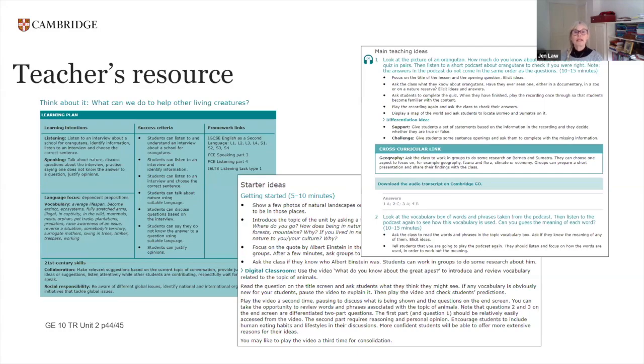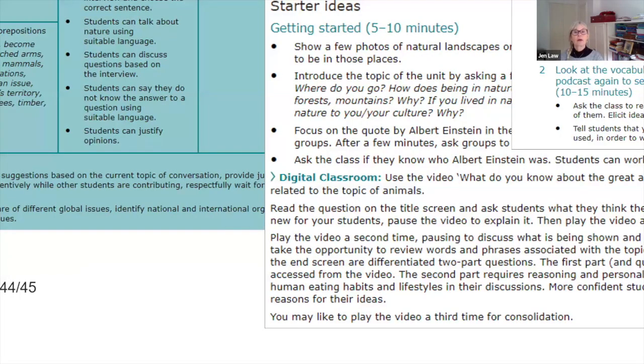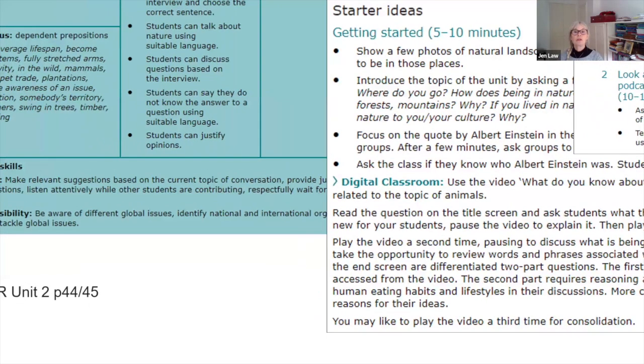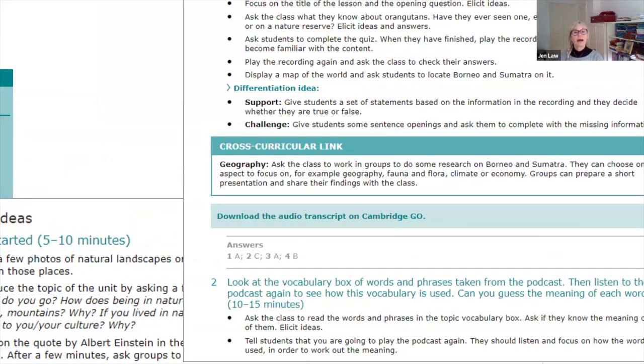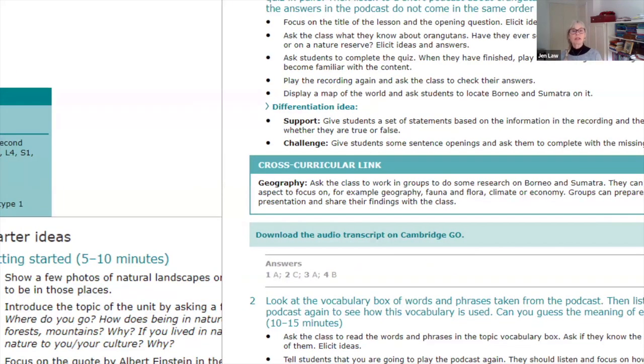And finally, if I can just zoom in here on my screen. Let me see. Oh, okay, there's our digital. Let's move along. Okay, and also lots of interesting things like downloads of the audio transcript. And I'd just like to point out here that you can see the cross-curricular link.